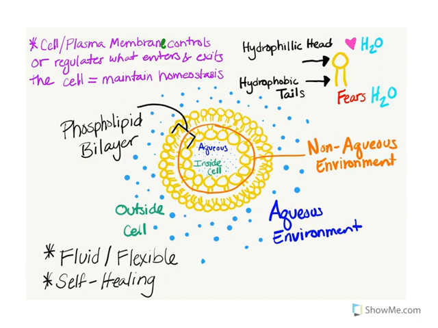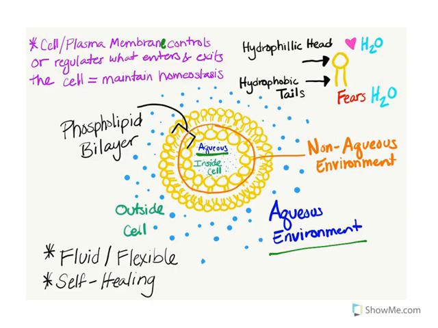The area that is lined in orange is your non-aqueous environment, meaning that there is no water, whereas inside the cell and outside the cell, you have your aqueous environment. Keep in mind that the cell membrane is fluid and flexible, but is also self-healing.